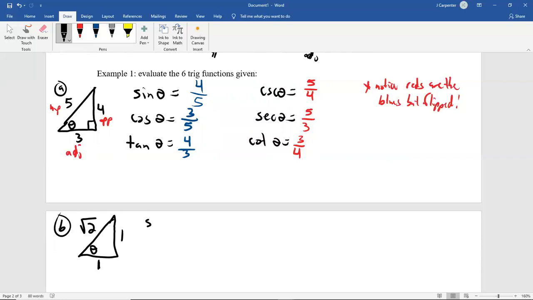So again, let's find the sine of the angle, the cosine of the angle, the tangent of the angle. Notice I don't get to skip writing this. If I just write CSC, SEC, and COT equals, this is bad form because what's the variable?